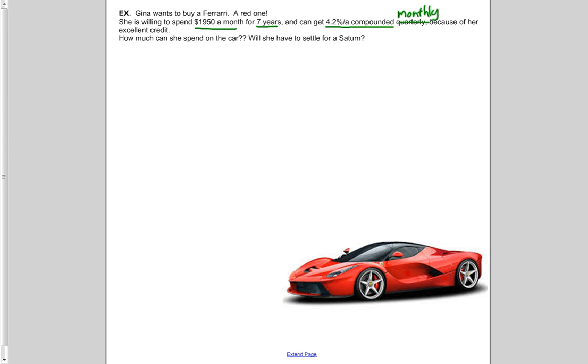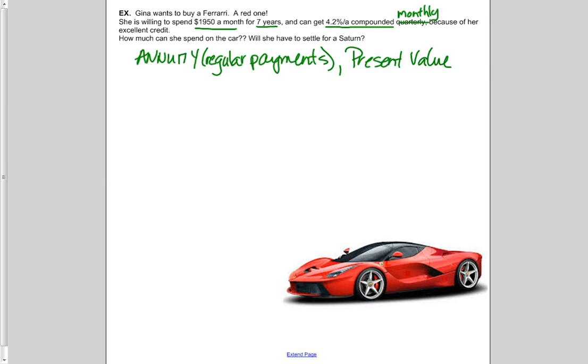Here we go. Gina wants a loan for the Ferrari, a regular payment. It's an annuity because she's going to pay it monthly. And it's a loan, so it is a present value problem. When you want a loan, you want money right now.